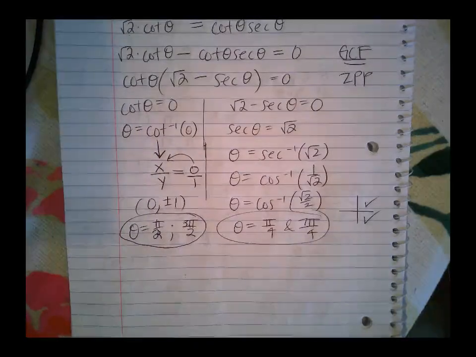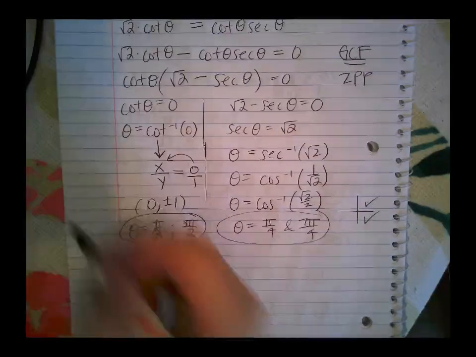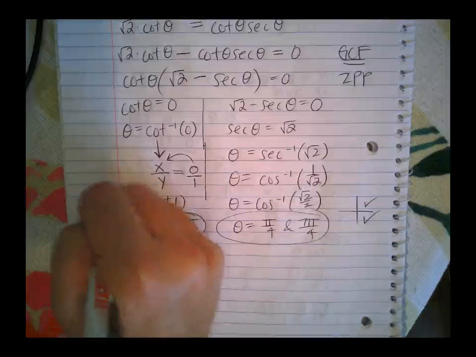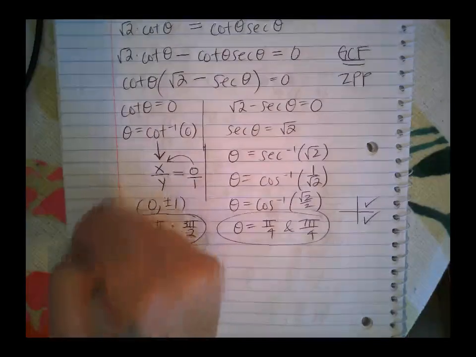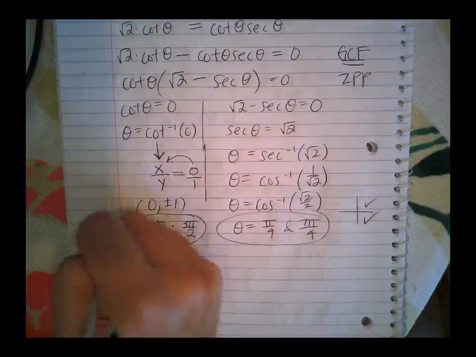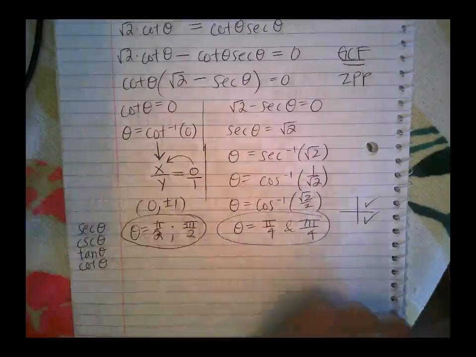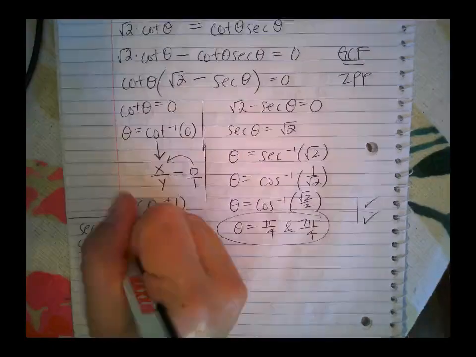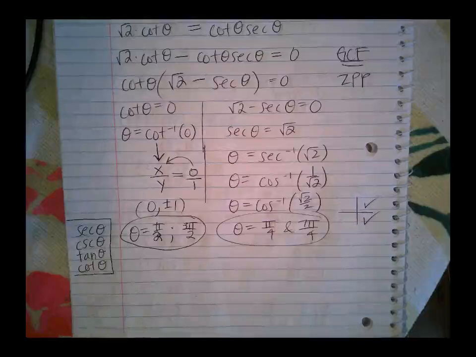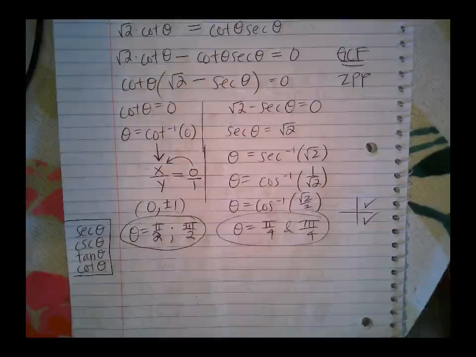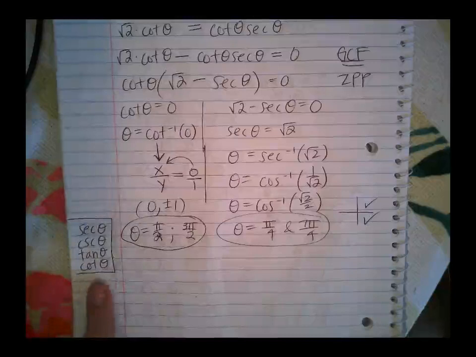However, there's something weird that happens once we start working with a secant, a cosecant, the tangent also, the cotangent. If you think back to that big table from before we went on fall break, the infamous table, do you remember how some of the answers in that table were undefined?